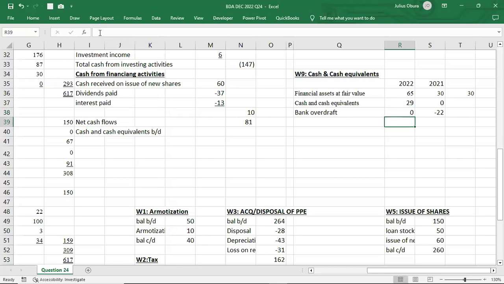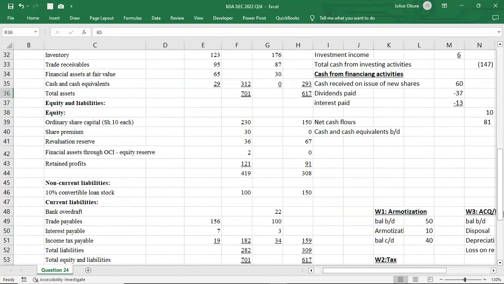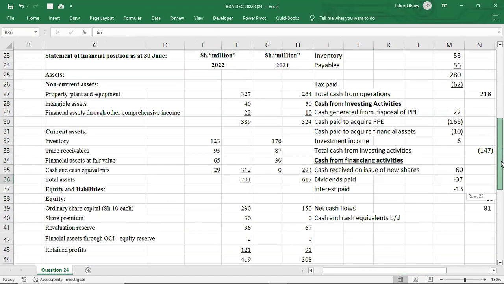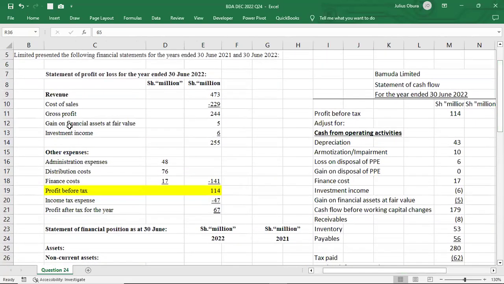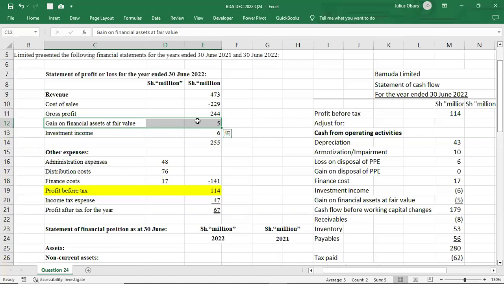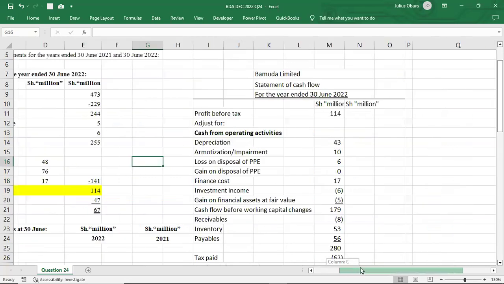Let me see. Okay. And I forgot to check something. Financial assets at fair value may have a revaluation. Let's check from our income statement. Yeah, we have it here: gain on financial assets at fair value of 5. So we need to include that.